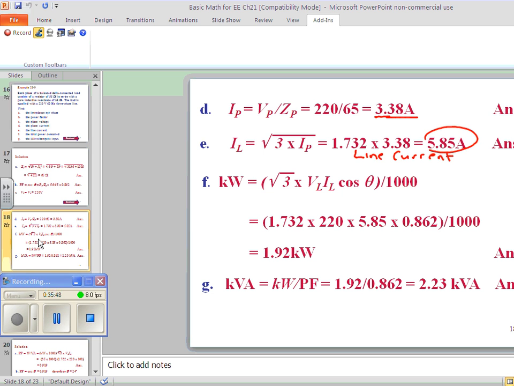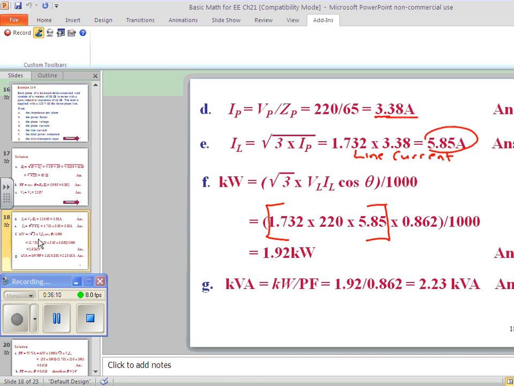Our line voltage is 220 volts, and our line current is 5.85. Multiply that times the square root of 3, and that will give us our total apparent power, right? So let's multiply the square root of 3 times 220 times 5.85.